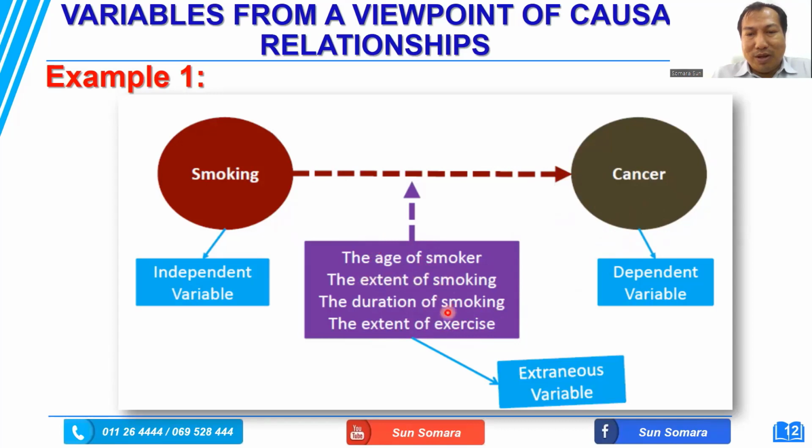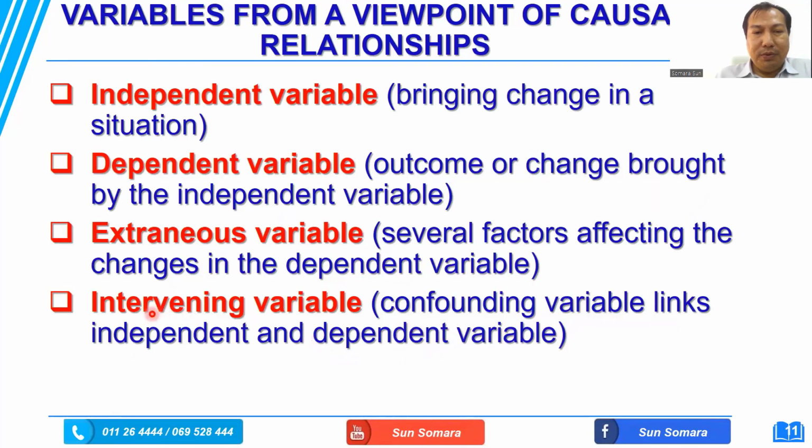So this one we call an extraneous variable, a factor that affects the dependent variable. For this part, you can link it. We can say a confounding variable links the independent variable and the dependent variable. It's a link between that part.